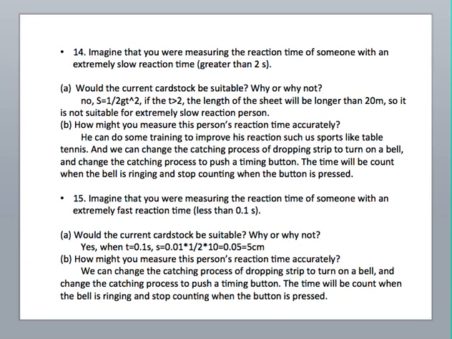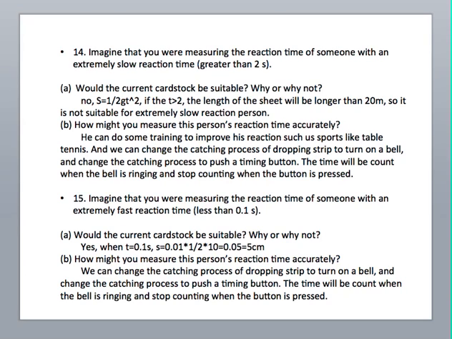The second way is we can change the process. We can change the catching of a dropping strip to turning on a bell, and change the catching process to pushing a timing button. The time will be counted when the bell is ringing and stop counting when the button is pressed.